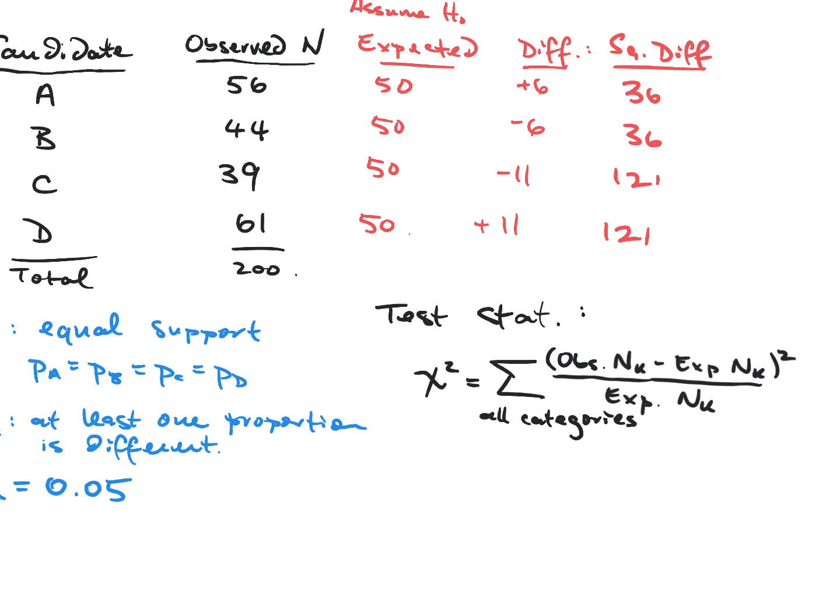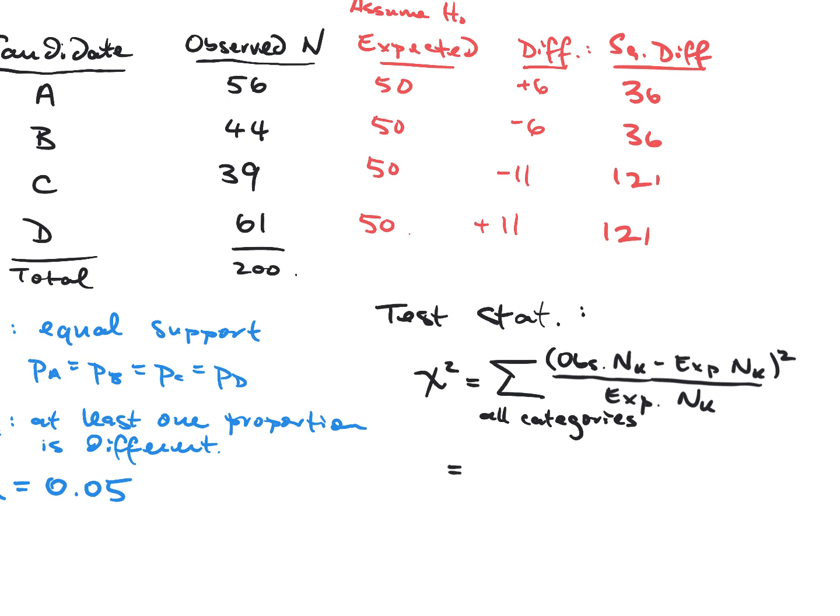So we go through these 4 categories, A, B, C, and D. First category, observed minus expected squared, I calculated that a second ago.